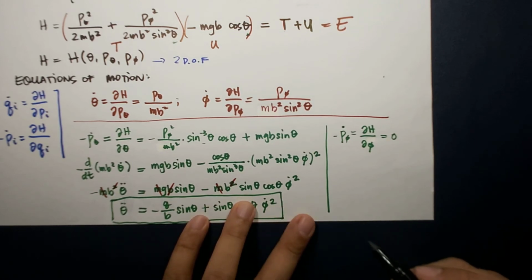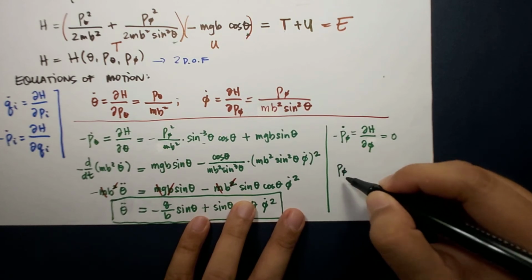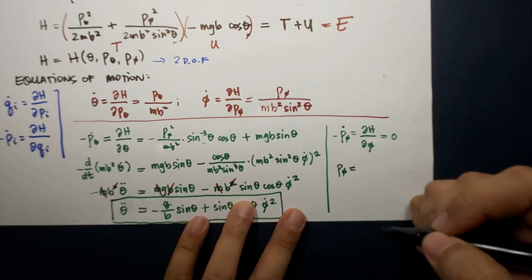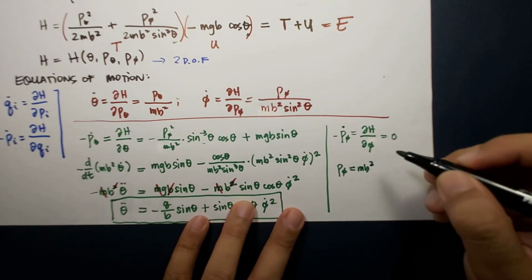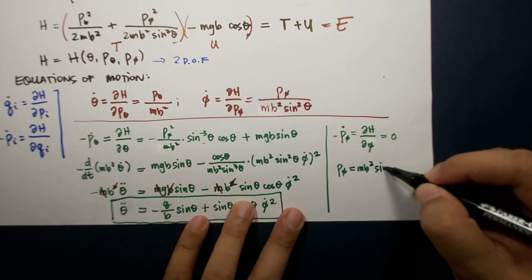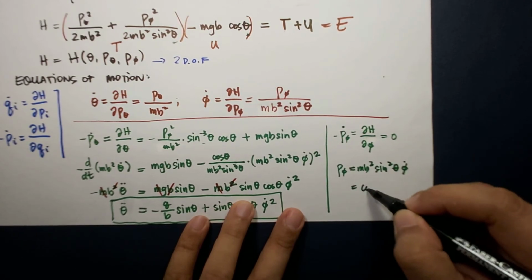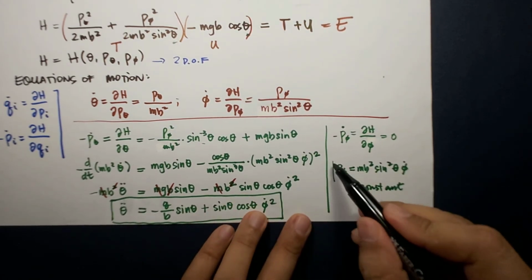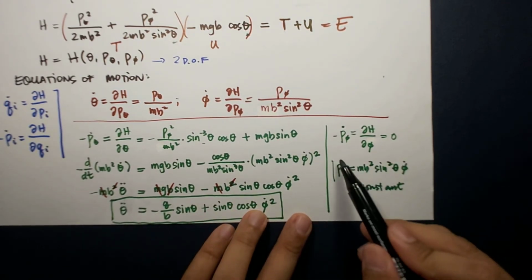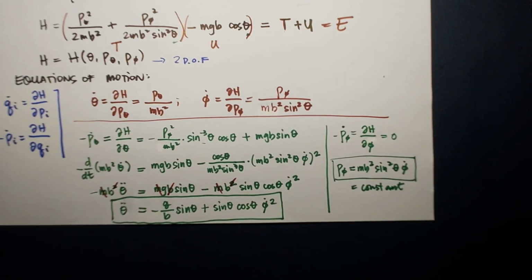Okay, so what does it mean? It means that p phi is a constant, and this is equal to mb squared sine squared theta phi dot, and this is a constant. So here, the momentum along the phi direction is a constant.